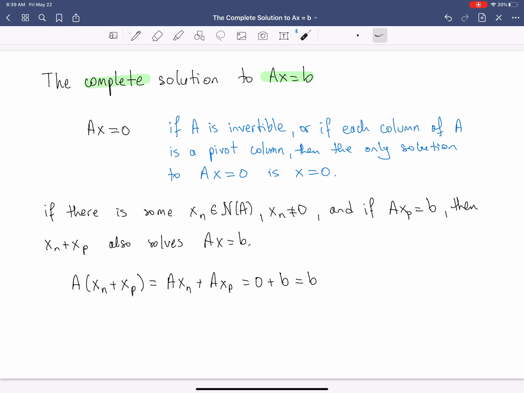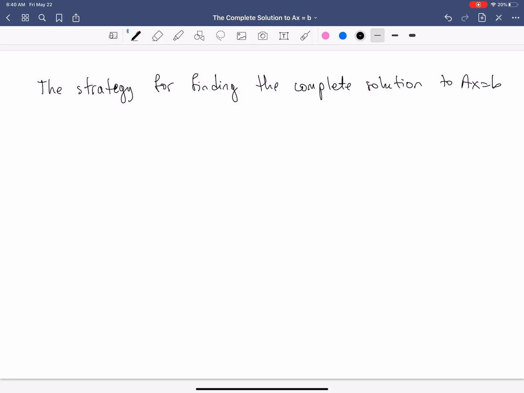The strategy for finding or describing the complete solution to AX equals b will consist of the following steps.